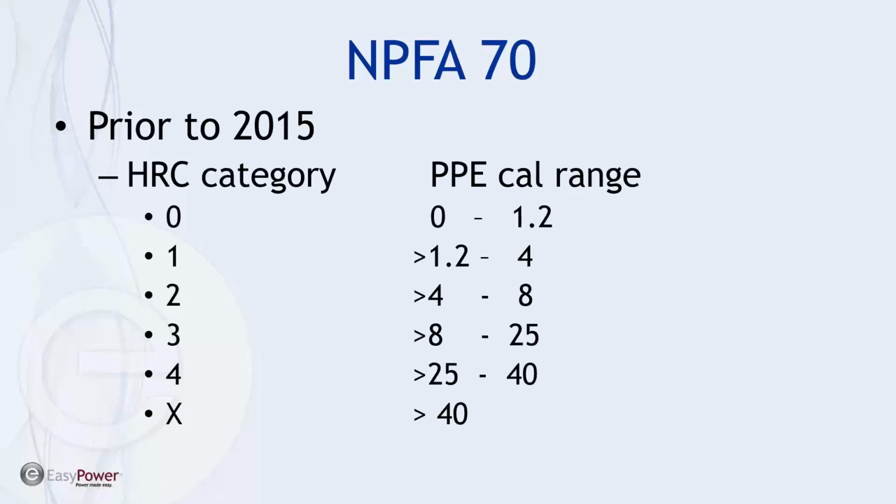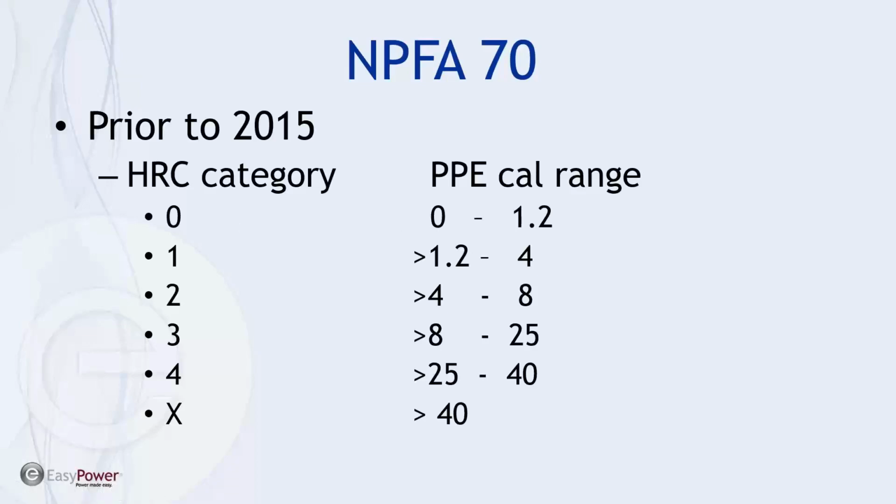Two significant category offerings in these choices were 0 to 1.2 calories per square centimeter and greater than 40 calories.